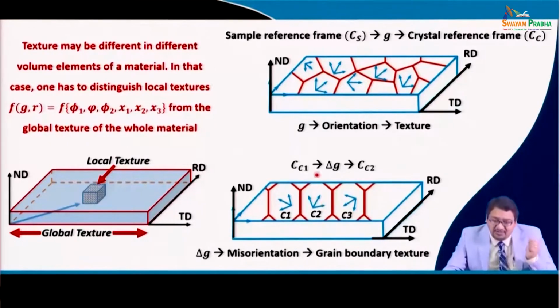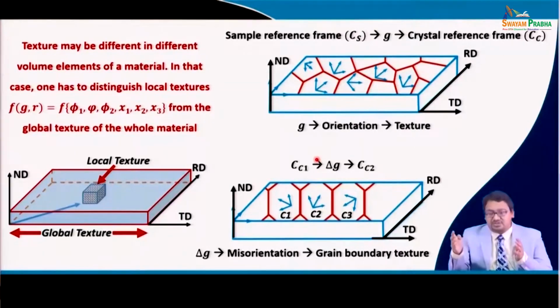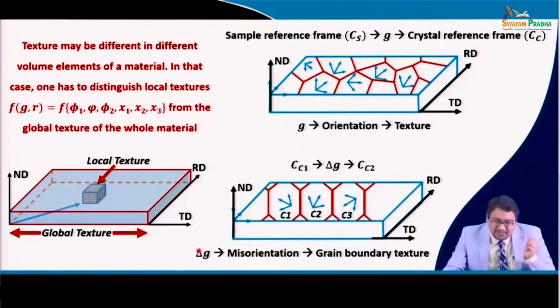So, if we have the crystal reference system for the grain C 1 and the crystal reference system for the grain C 2, then we can get delta G, which is basically the orientation difference between the two grains, or the mismatch of the orientation of the two grains. So, delta G is basically known as the misorientation, that is the texture of the grain boundary.